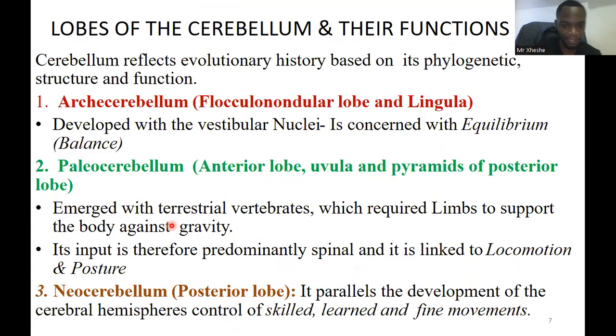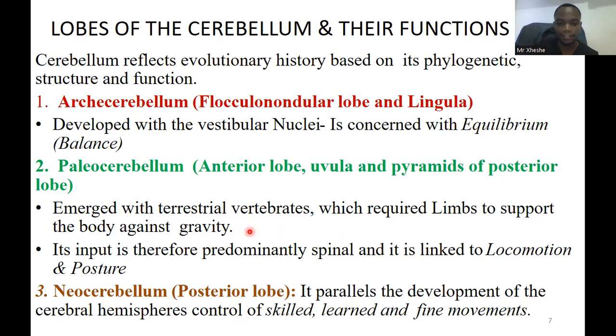So the paleocerebellum, what is it involved in? The paleocerebellum is seen in organisms which we refer to as vertebrates. These are organisms with a spinal cord, with a vertebral column, like the spine there at the back, and those that have limbs. So mainly balancing here and negotiation with gravity, running and so on is seen.